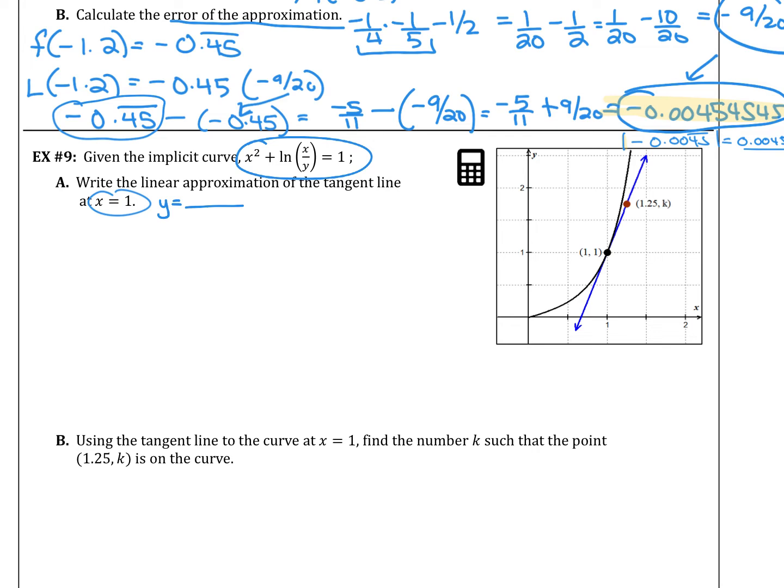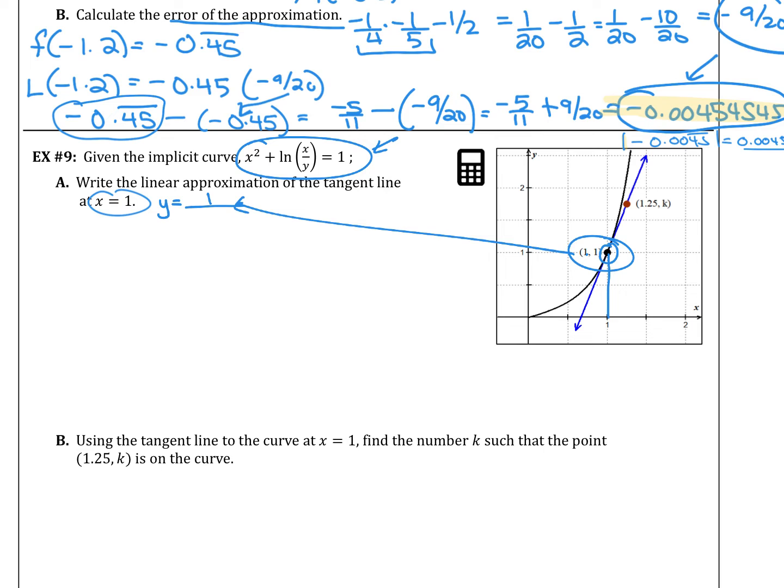I would have to rewrite this explicitly to find that. However, they happen to show that the ordered pair is (1, 1). So I already know from the graph that y is equal to 1.